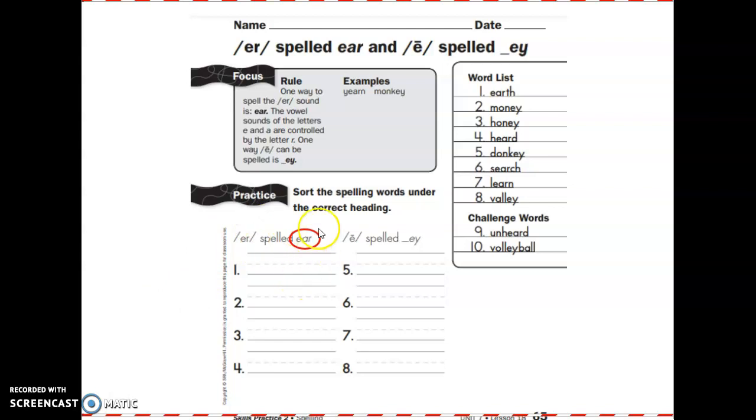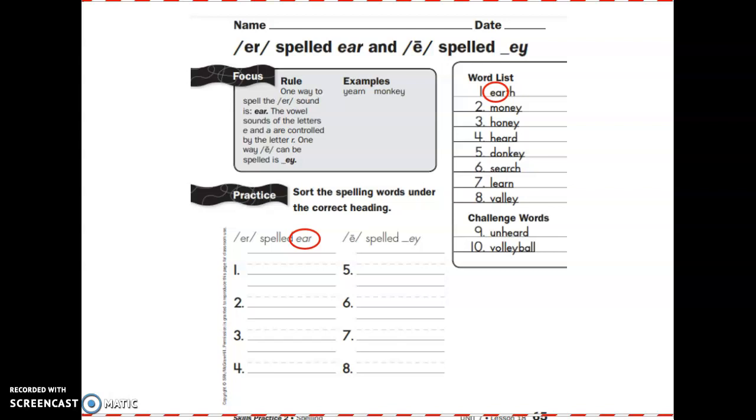So you are going to put any of the words that have the E-A-R underneath this column E-A-R, the numbers 1, 2, 3, and 4. For example, in your word list, I've circled the E-A-R in the word earth.